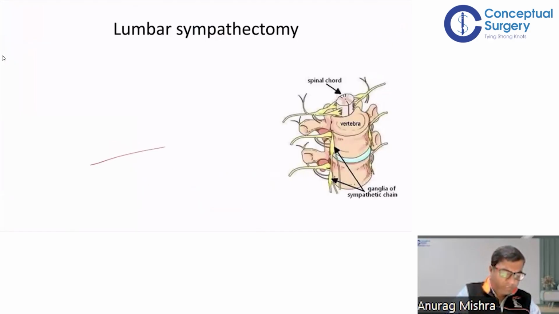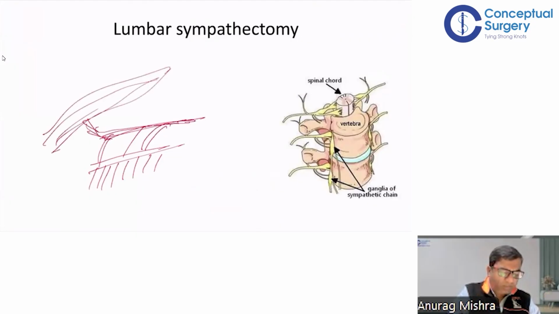So, for example, this is skin. There are some vessels which come here, and these vessels are also supplying muscles. Whenever we see that the skin is not getting blood, what we do is a sympathectomy.